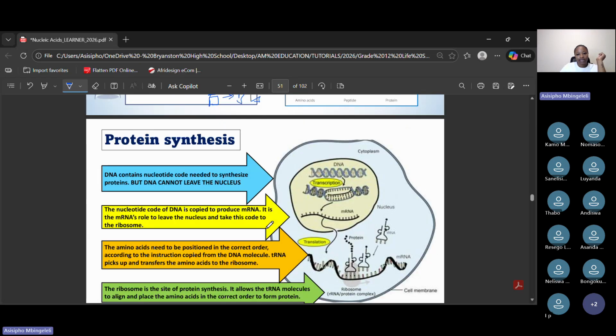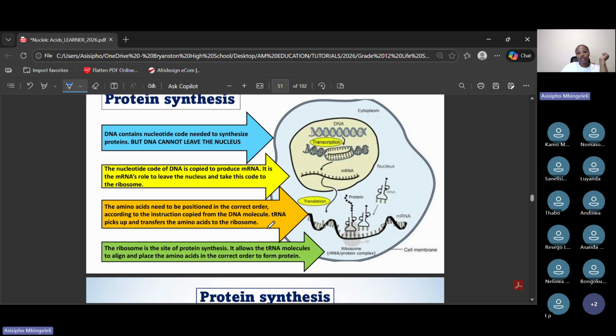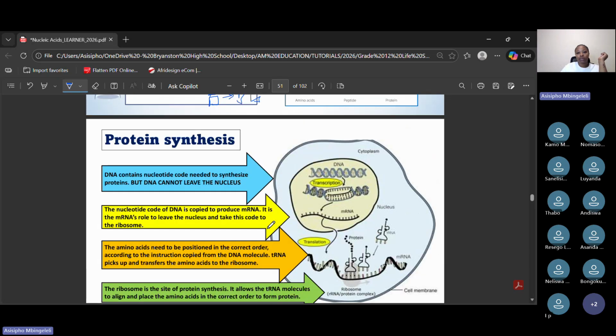Protein synthesis. Now, the big question would be, where will this take place? We're speaking about proteins being formed and all of that. The whole process is taking place within a cell. The whole process. Now, there are 2 stages or phases within this process.